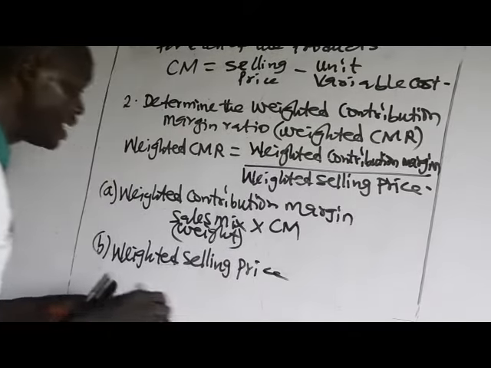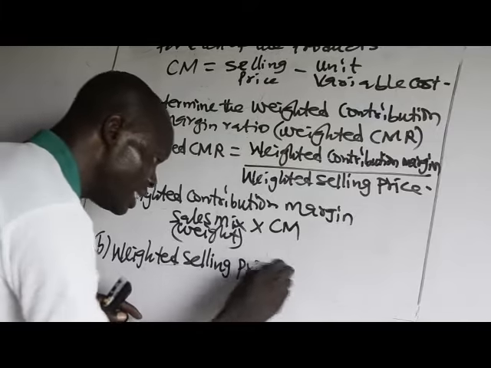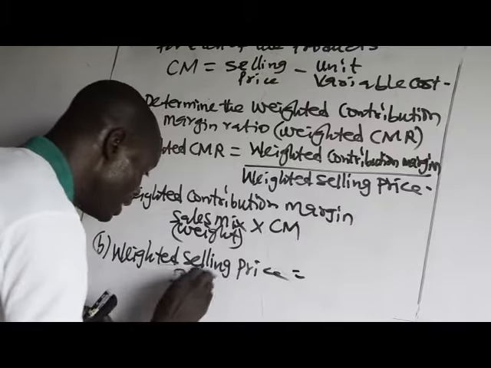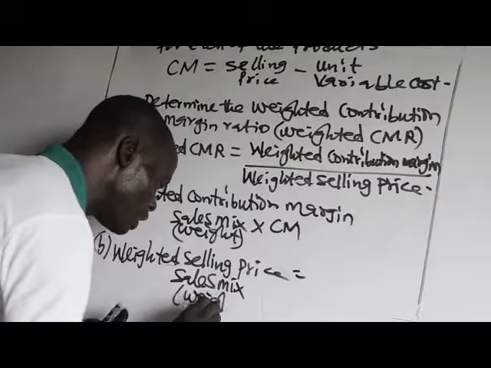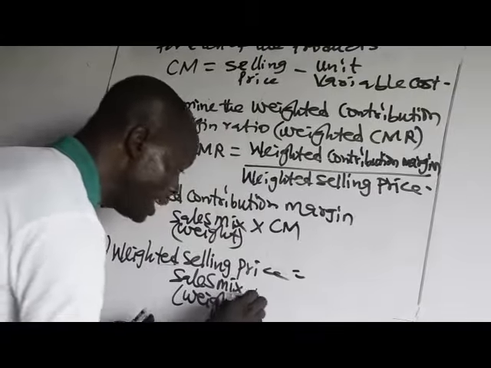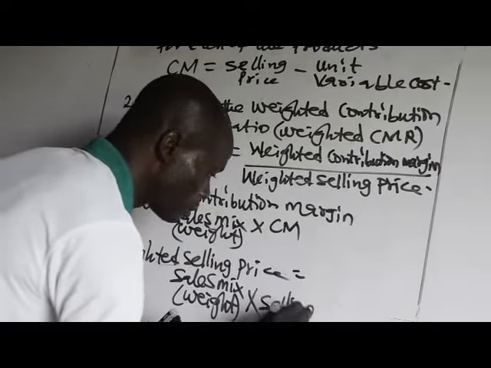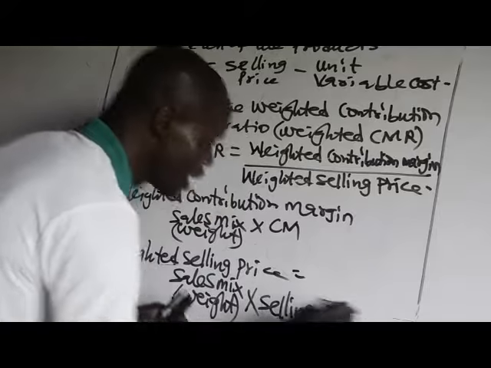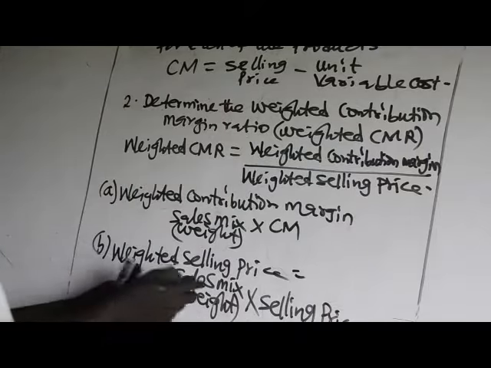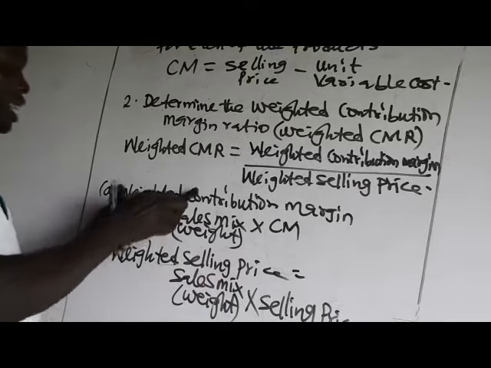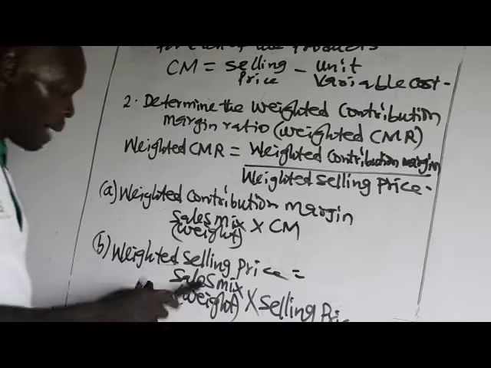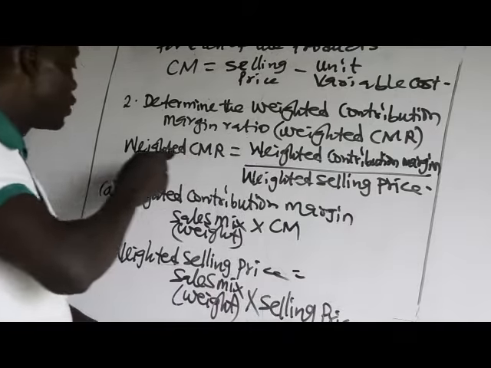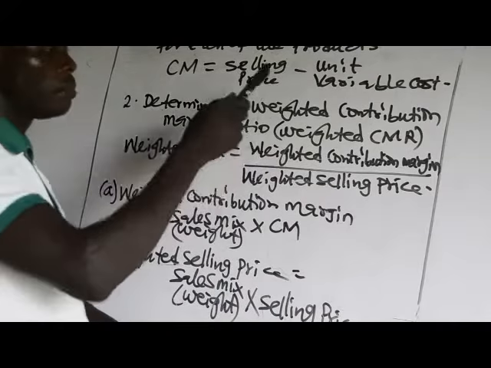To obtain this, also multiply your sales mix or your weight by the selling price. This will give you the weighted selling price. You now divide your weighted contribution margin by the weighted selling price. That will give you the weighted CMR.